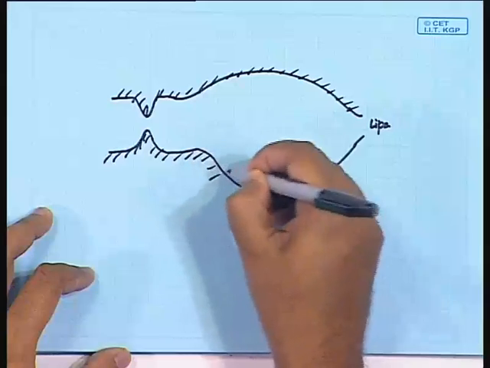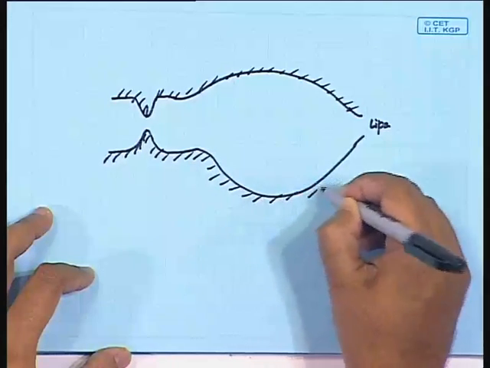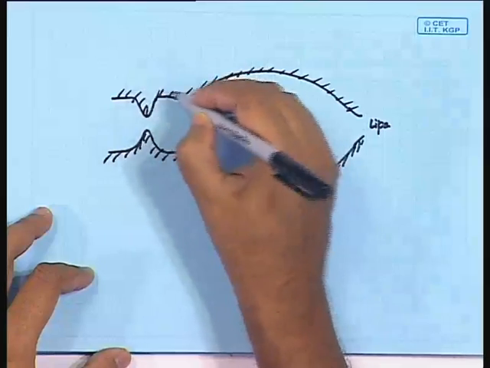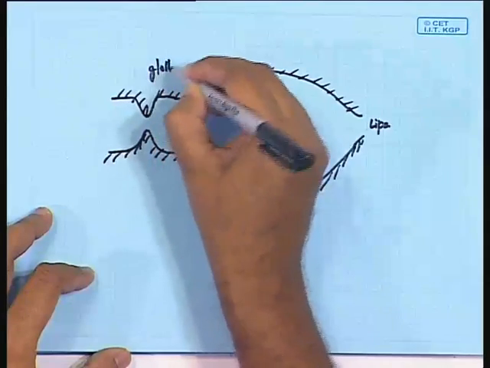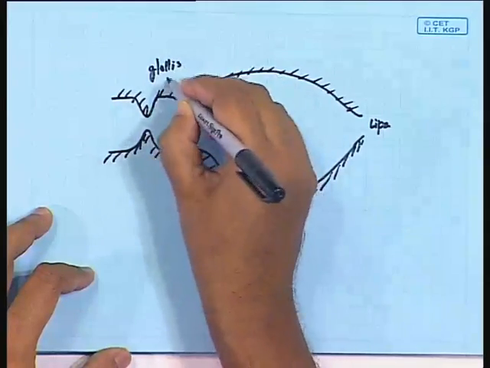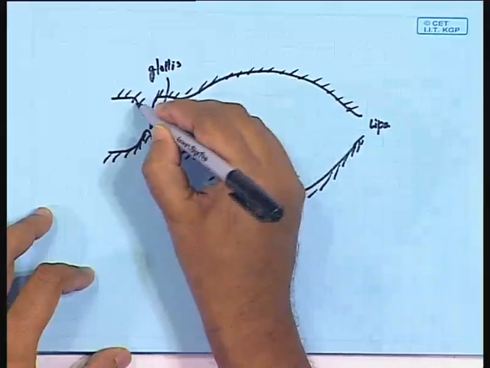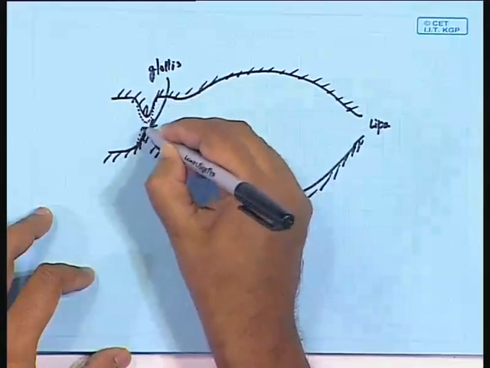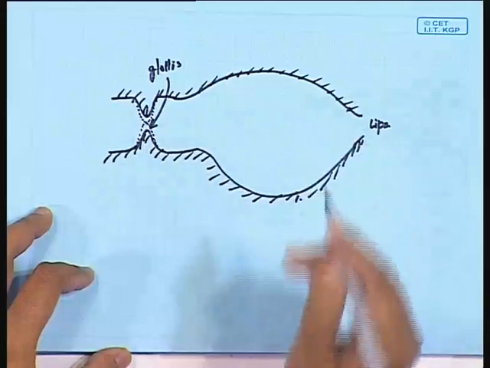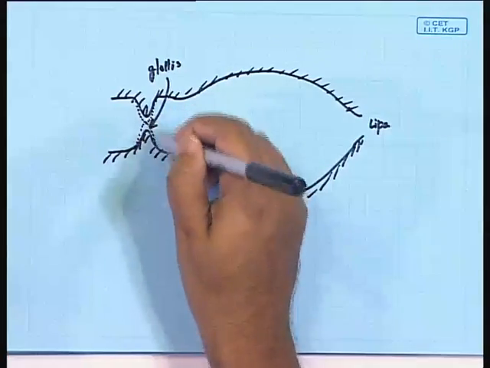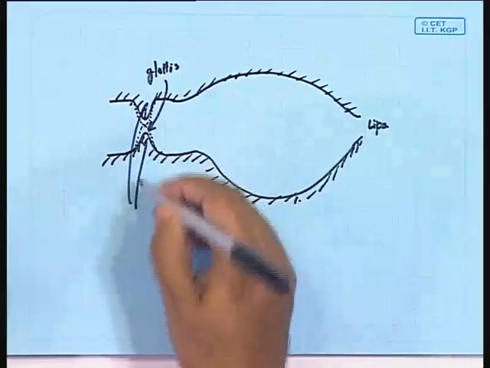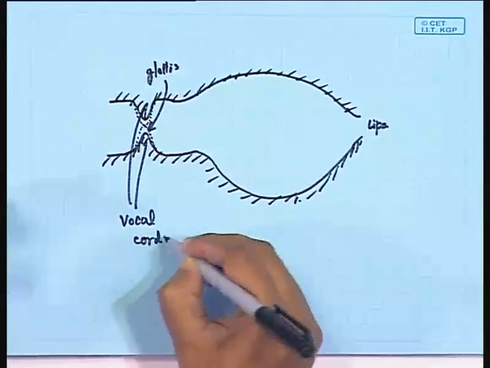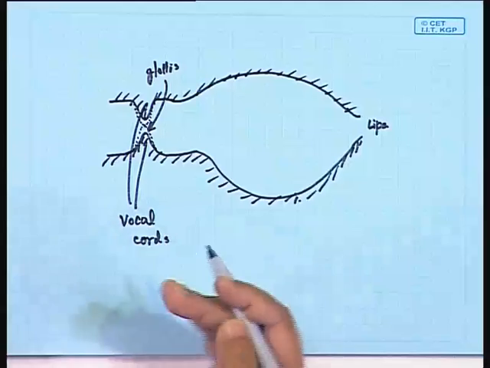In fact, let me mark the different portions of it. Here this is the glottis that we are talking of, and this is the glottal passage, but here we just use some dotted lines, and the dotted lines indicate that this set is actually the vocal cord, and the vocal cord, as I told you, vibrates.